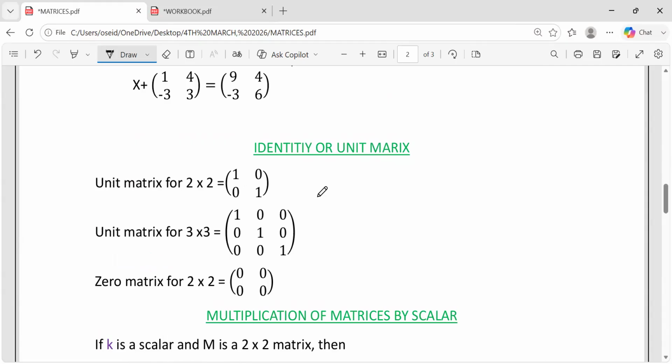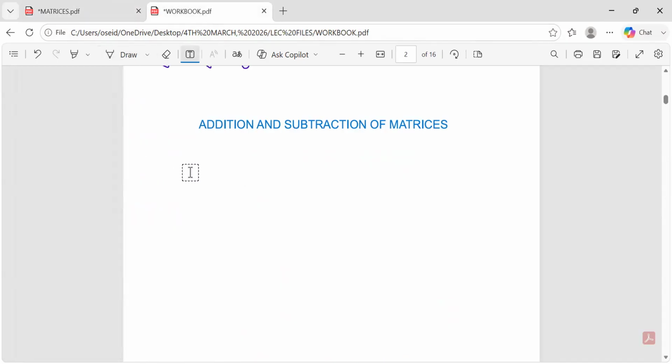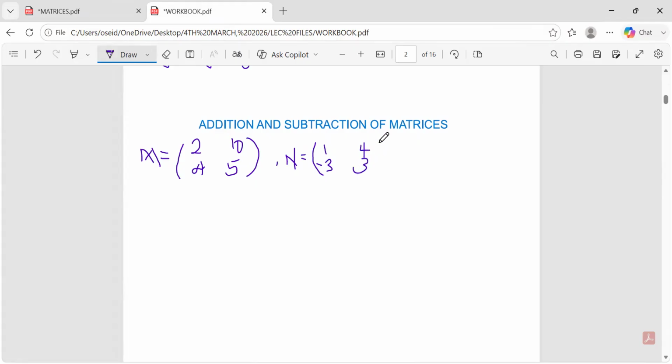So let's take an example. We have matrix M, which equals 2, 10, 4, 5, and matrix N, which is 1, 4, negative 3, 3.